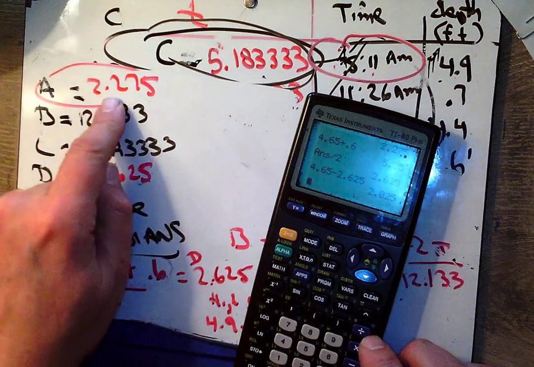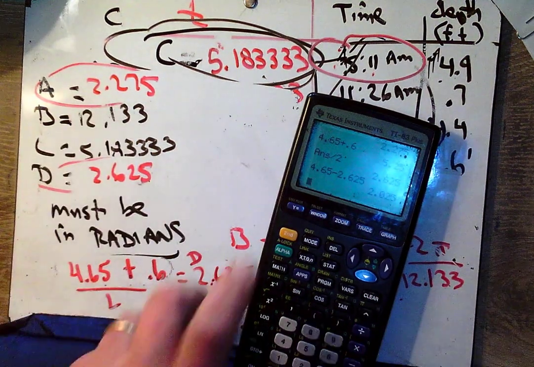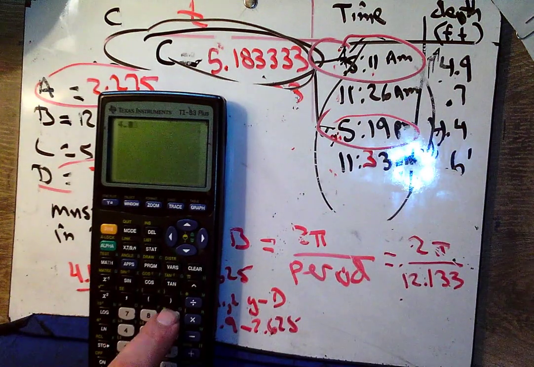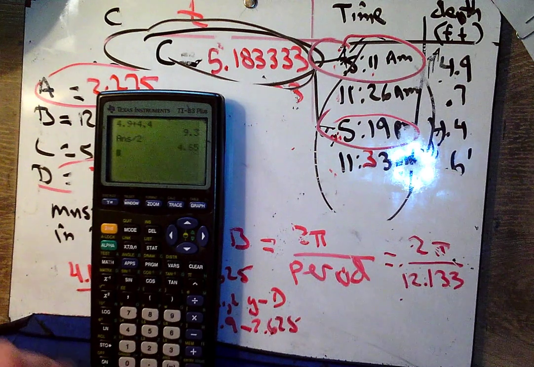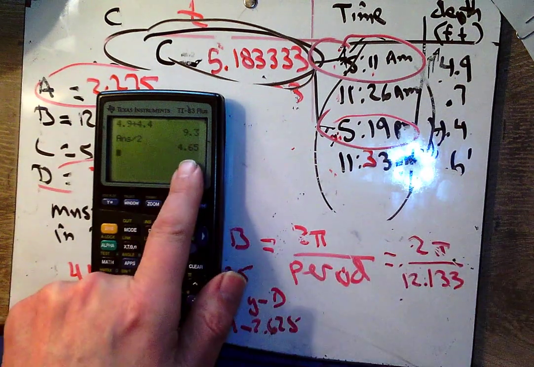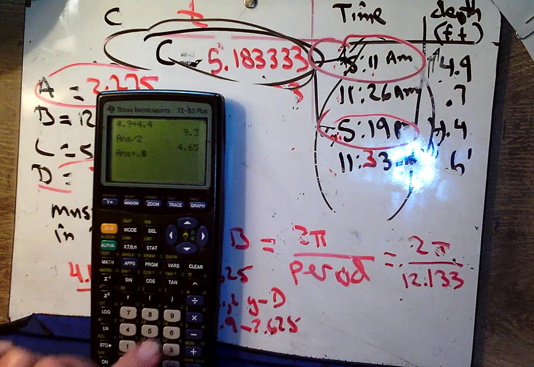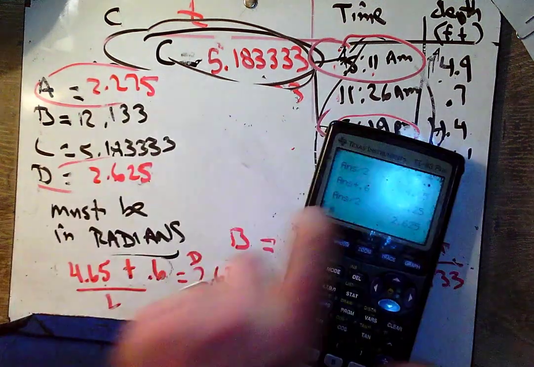Hey, that's not this. Uh-oh. I think I'm going to check again. I'm taking the average of these high Y values. There's the average. Next, to find D, I'm going to take my low Y value and my high Y value, add those together, 6, and divide by 2. So 2.625 is our D value.